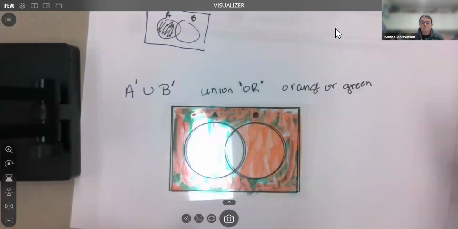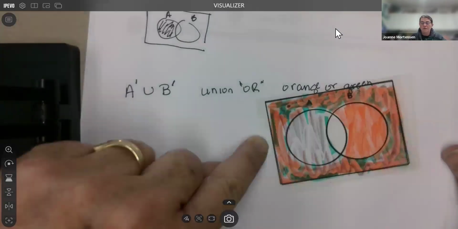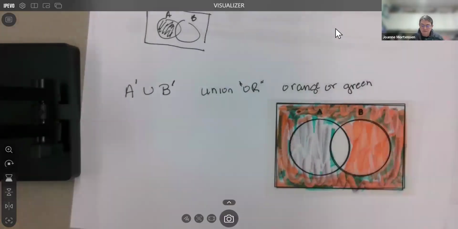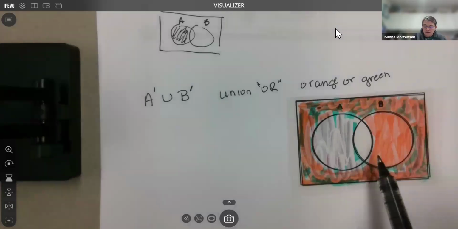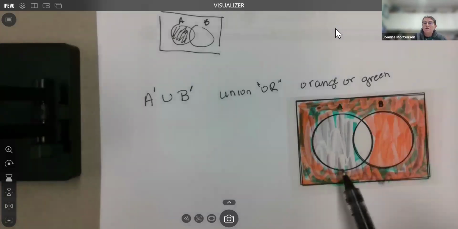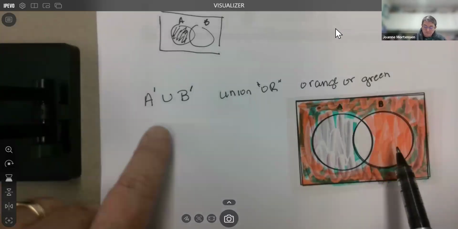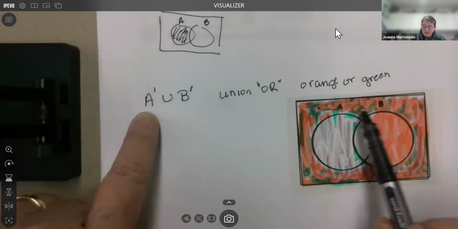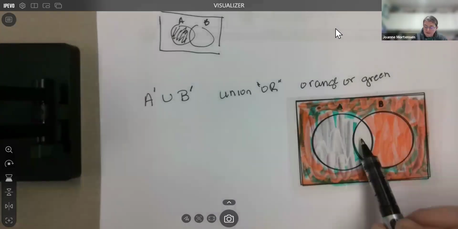Hey, that one turned out. So I move it over for you. Turned out pretty cool. You can see the orange is lovely, right? The green is lovely. And both orange and green around the outside are great. The only thing you don't get is that part in the middle.